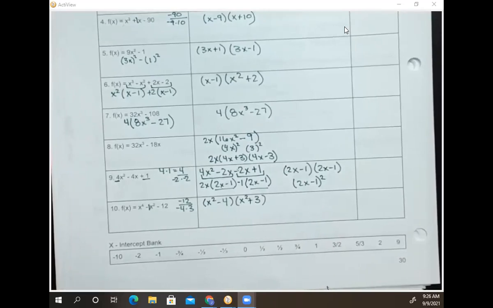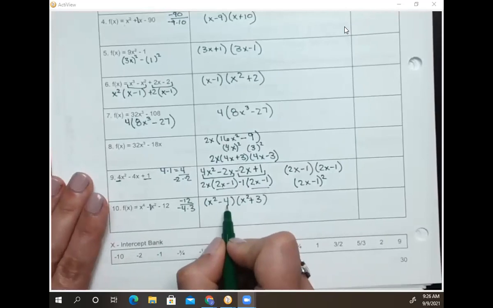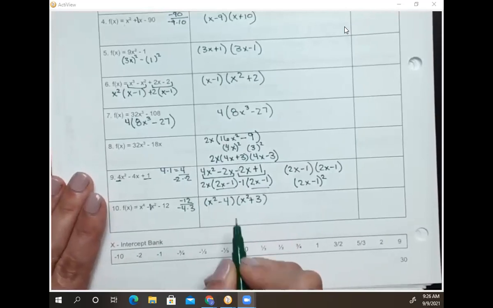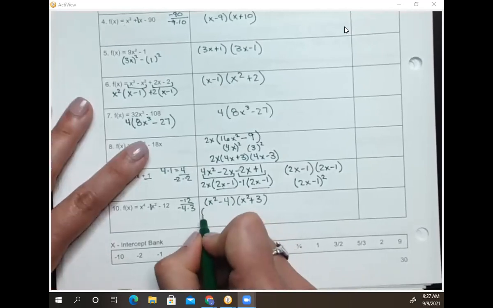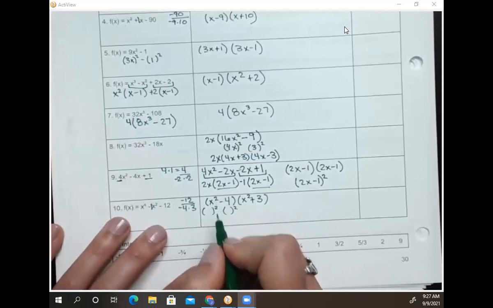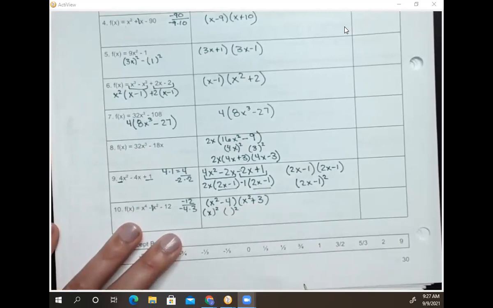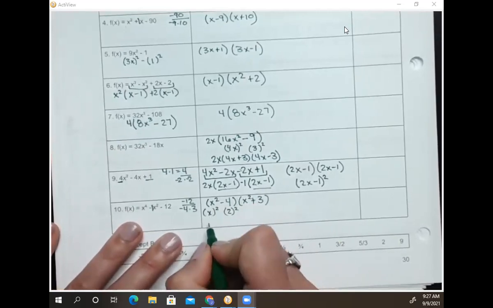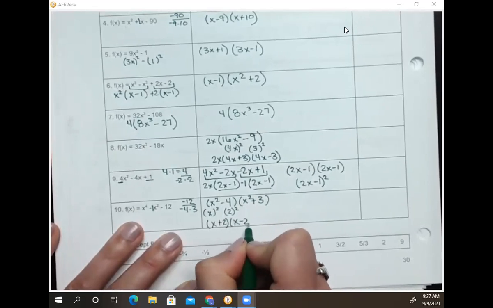Now, since my factors both have x squareds, I want to check to see if I can factor them some more. So 2 terms, even degree, subtraction. Can I keep factoring this guy? Yes, we can factor this as a difference of squares. What did I square to get x squared? X. What did I square to get 4? 2. So this would factor into x plus 2 times x minus 2.